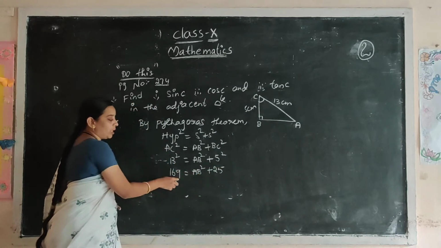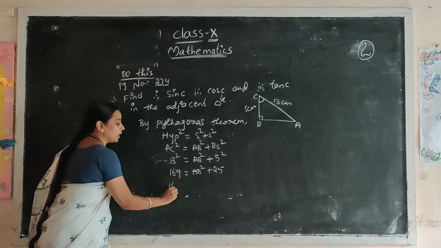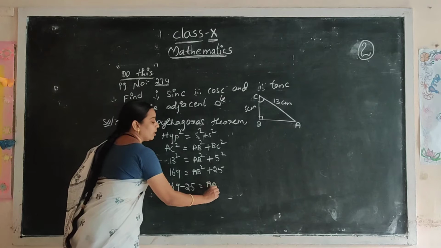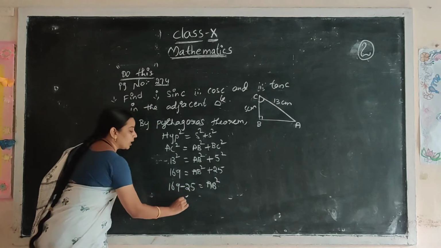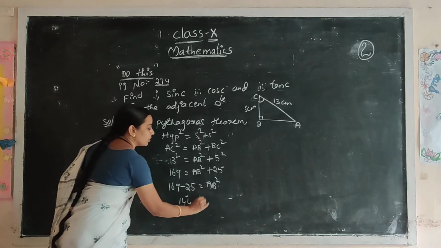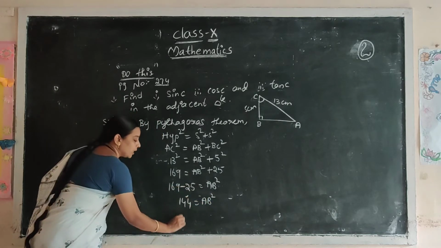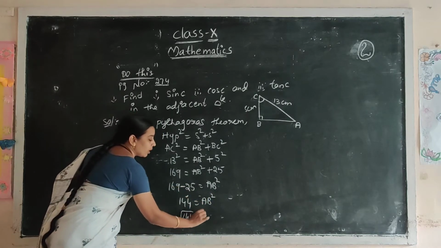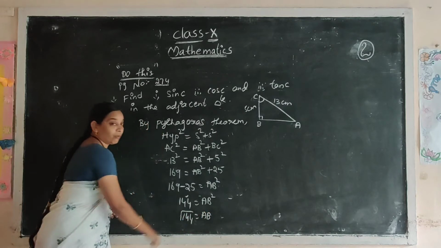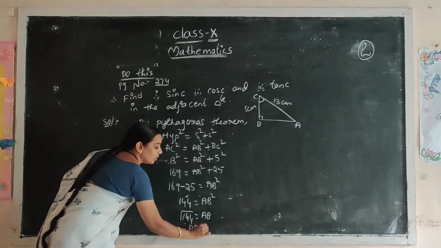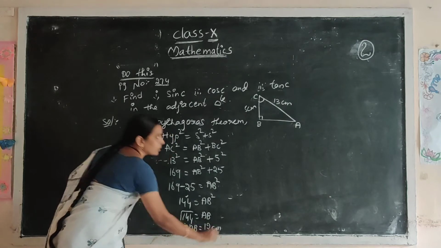These two are numerals, so this numeral moves to the left side: 169 minus 25 is equal to AB square. By subtraction you will get 144, so that is AB square. The square moves to the other side as root: root 144, the square root of 144 is 12. So AB is equal to 12 centimeters.